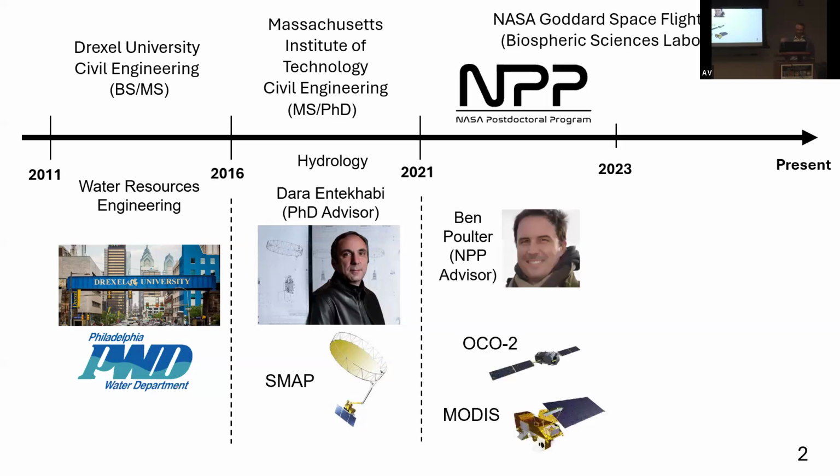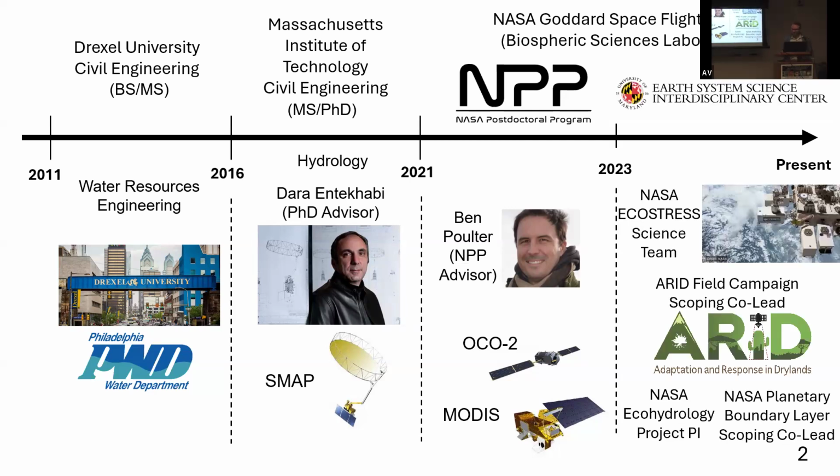From that, I went to Goddard to work at the Biospheric Sciences Lab as an NPP fellow with Ben Poulter. I got to apply this work to understand the carbon cycle, how water and carbon cycles are coupled, how water, carbon, and energy cycles are coupled, and how vegetation plays a role in the Earth system. It's a very big focus of my work there.